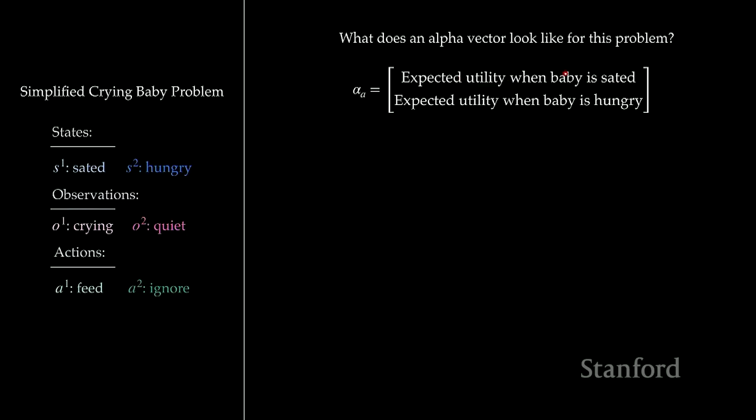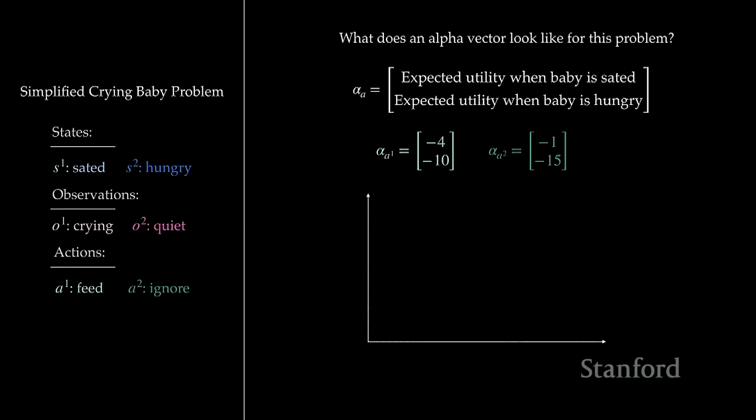So the first entry is the expected utility when the baby is not hungry, and the second entry is the expected utility when the baby is hungry. If we were going to do QMDP for this problem, we have two actions, so we would have two alpha vectors, each with two entries, one for each state. Let's say maybe we have these two alpha vectors: this one for action 1 where we feed the baby, and this one for action 2 where we don't feed the baby.